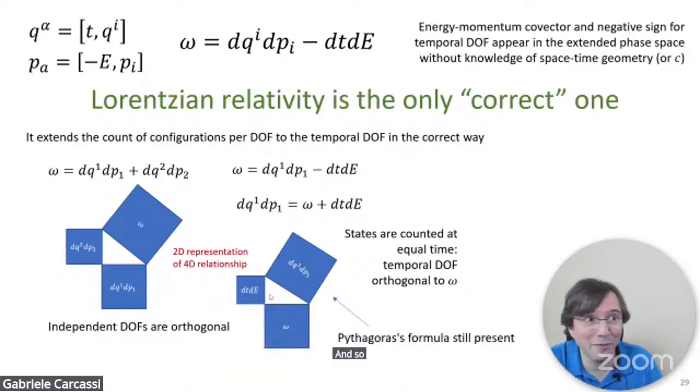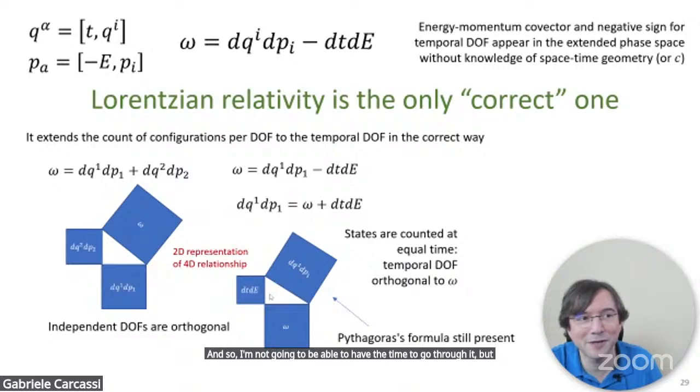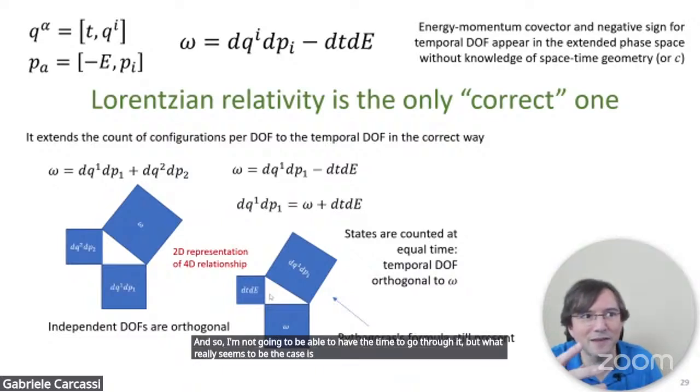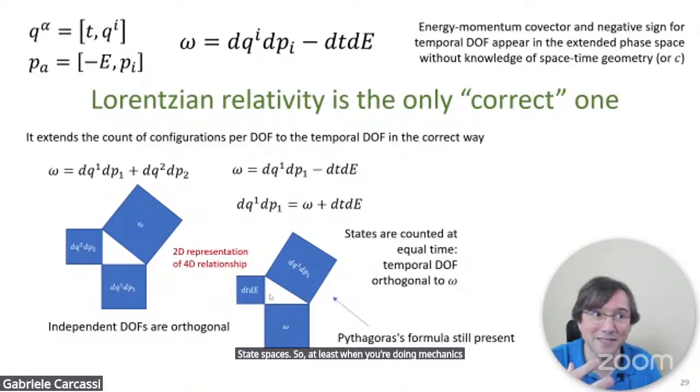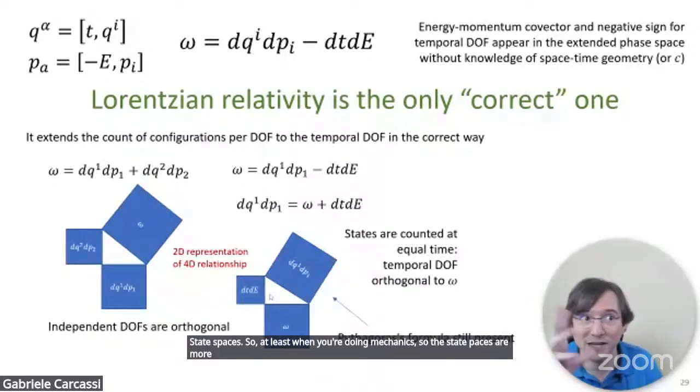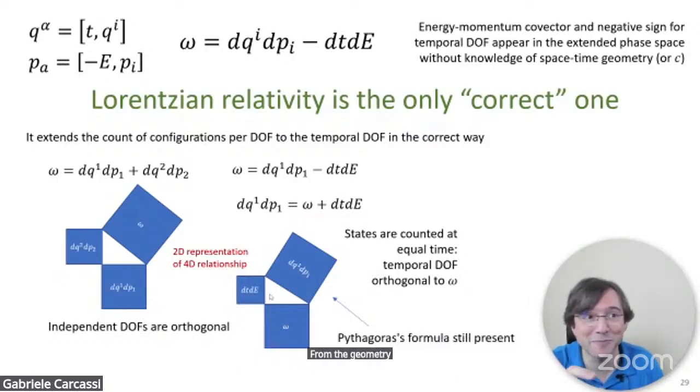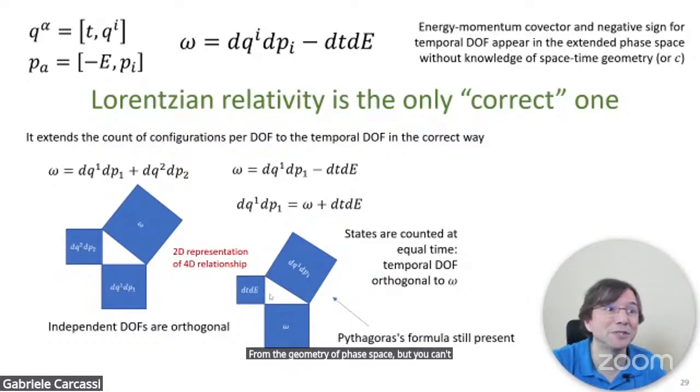I'm not going to have the time to go through it, but what really seems to be the case is that this signature of space-time is something inherited from state spaces. So at least when you're doing mechanics, state spaces are more important than the geometry of space-time, because you can recover the geometry of space-time from the geometry of phase space, but you can't do the opposite.